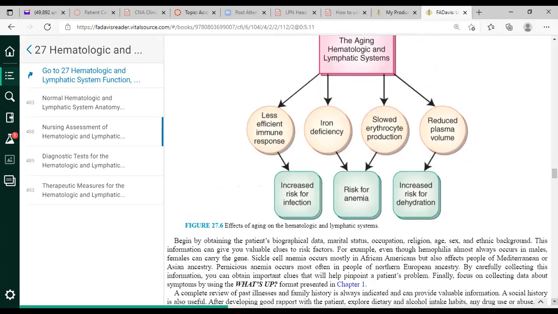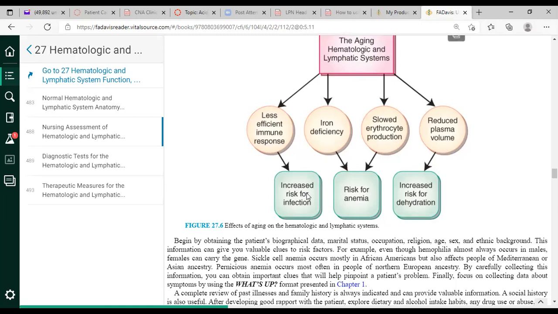And it just talks about, with the aging adult, the effect that aging has on the hematologic and lymphatic system. And where it's telling you the patient's immune system is not responding quick enough, which is placing them at risk for infection.